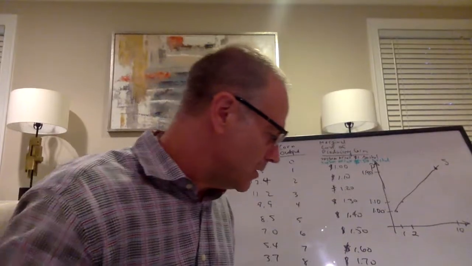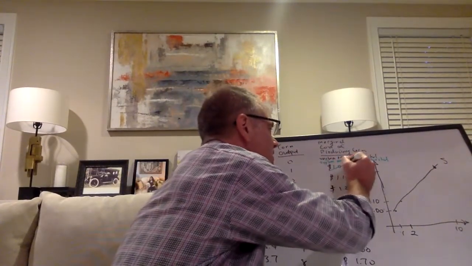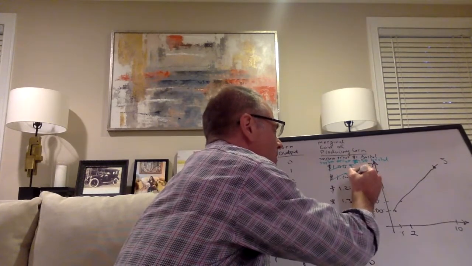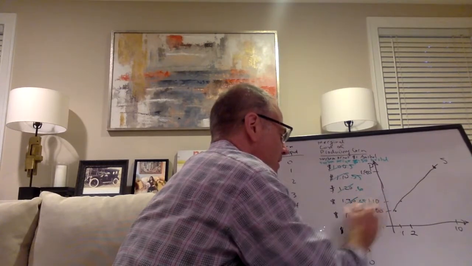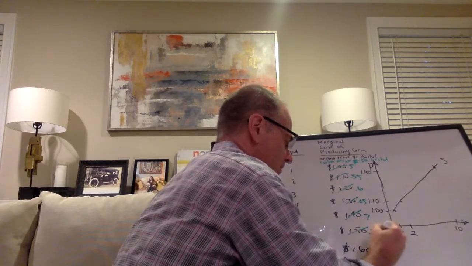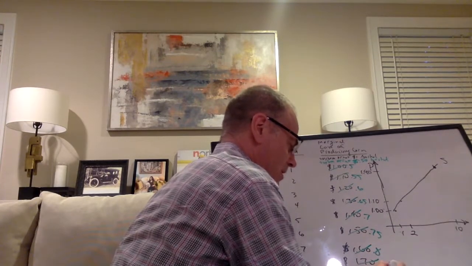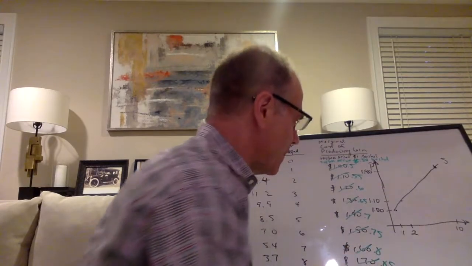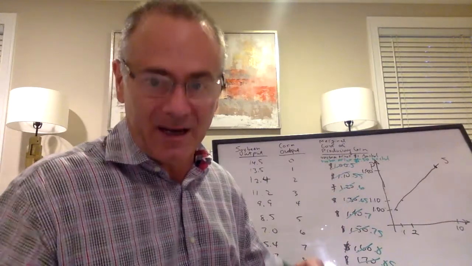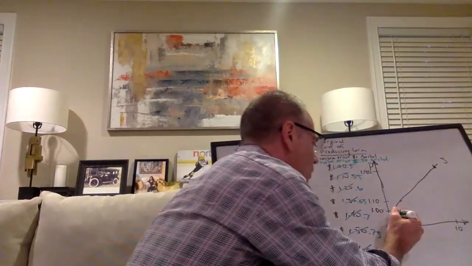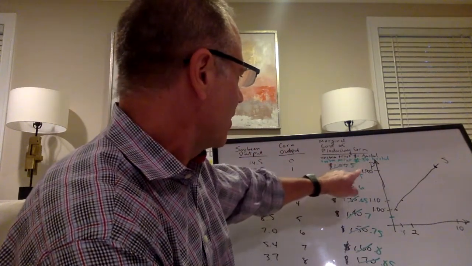So this becomes 0.5, this one becomes 0.55, this one 0.6, 0.65, 0.7, 0.75, 0.8, 0.85, 0.9, 0.95.